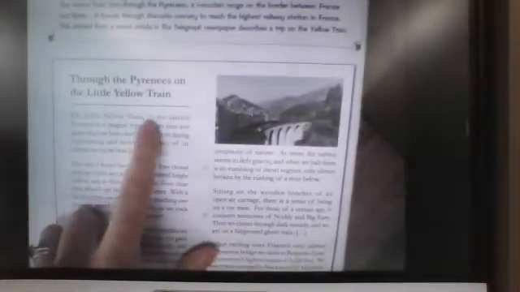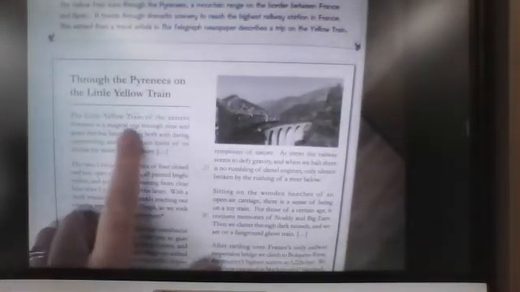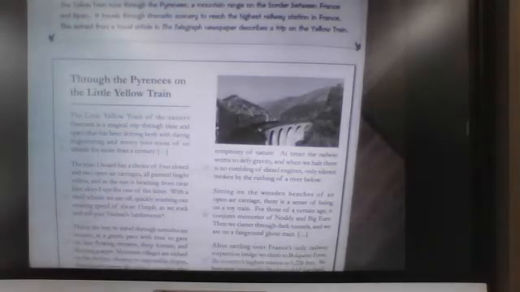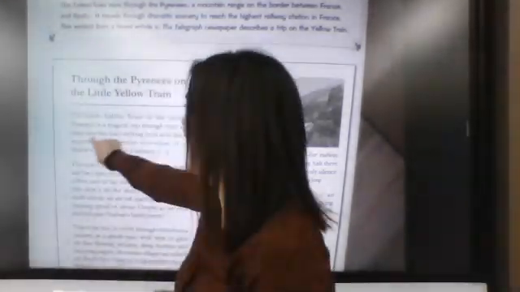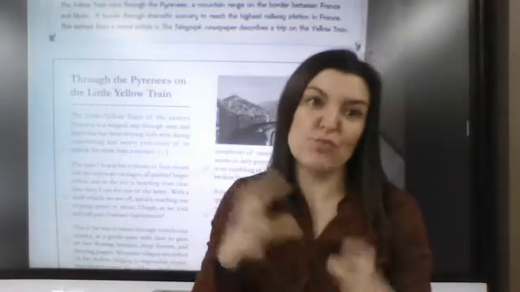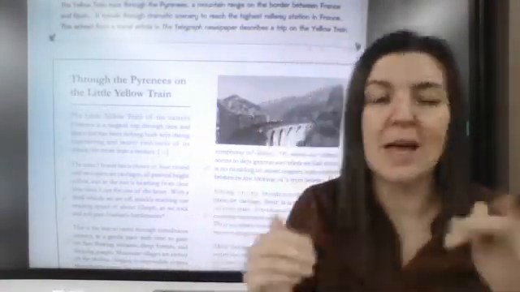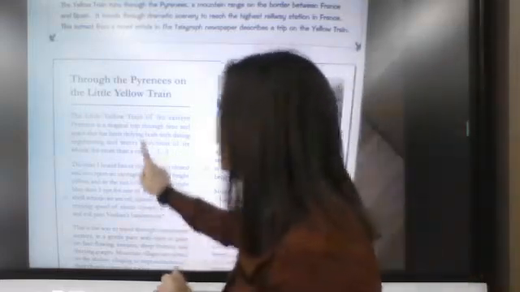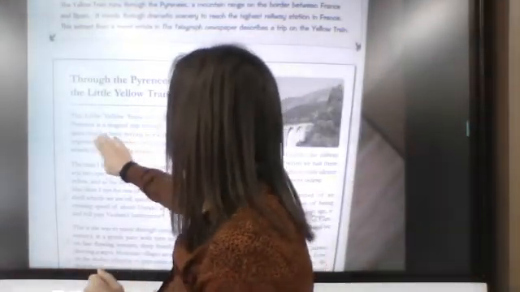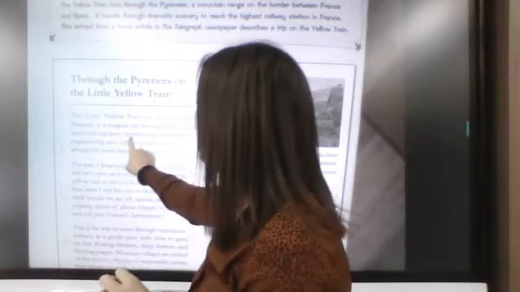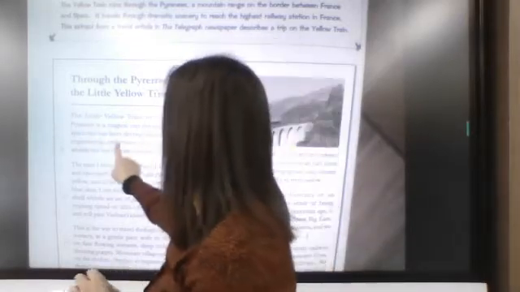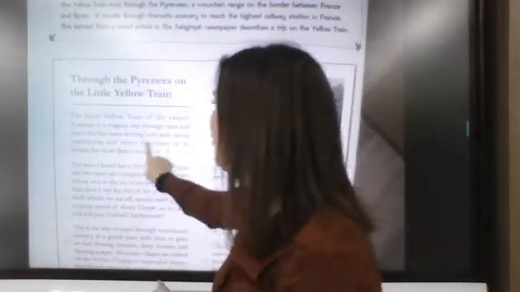So if I go to line 2, it says, the little yellow train of the Eastern Pyrenees is a magical trip through time and space. Now, I'm going to read the rest of the paragraph to see if that can help me. I'm going to do this first one with you, because that'll help you with the other purpose ones. It says, defined both with daring engineering and merry toot-toots of its whistle for more than a century.